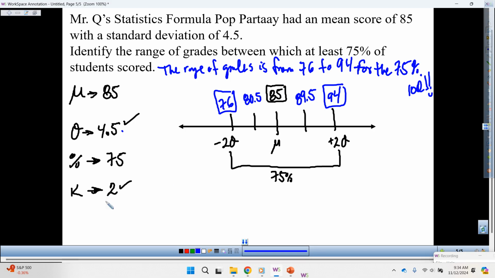We said we're on K2, so we go 1, 2 up, 1, 2 down. That's our norm, which is 75%. And then we just use our standard deviation to move 2 to the right, 2 to the left, and that gives us our range from 76 to 94. So send me your notes, please. Let me send you that, and then we're going to do one more to make sure we got it.